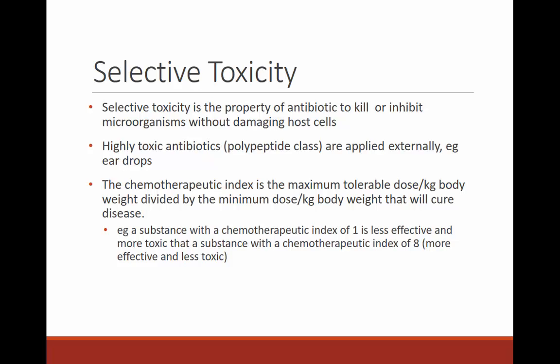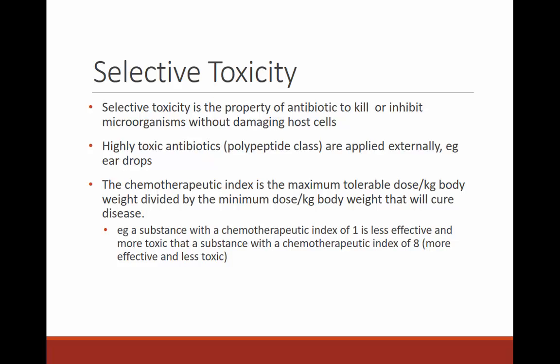So if we start with selective toxicity, you think about the property to kill or inhibit microorganisms without damaging host cells. That's important. When you're measuring it, it's a scale of 1 to 8. So if you've got a rating of 1, that means that it's less effective and it's more toxic.